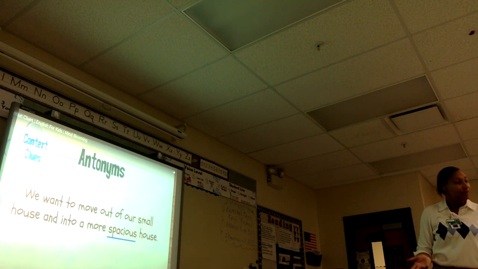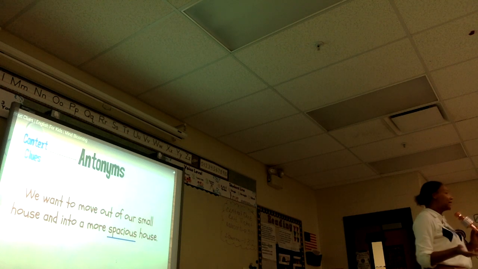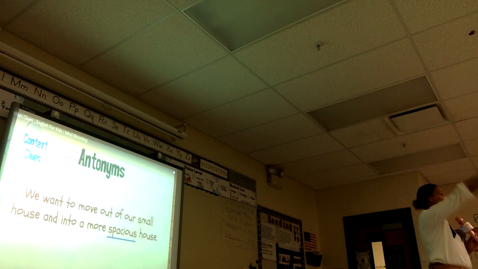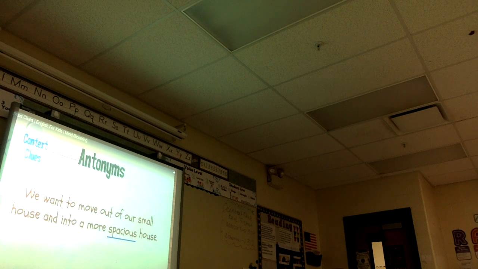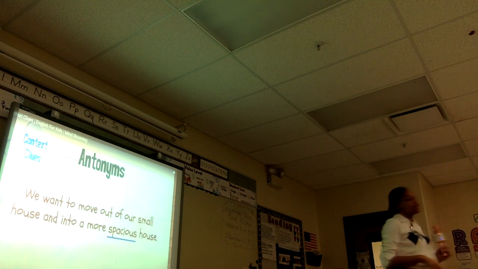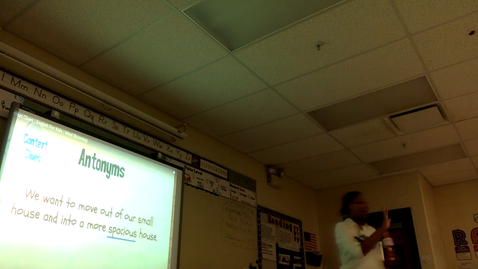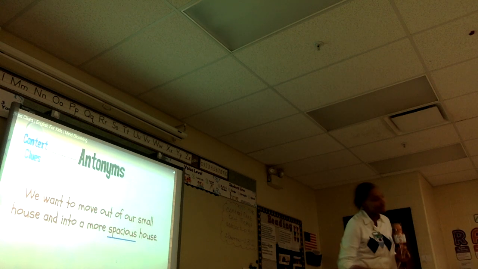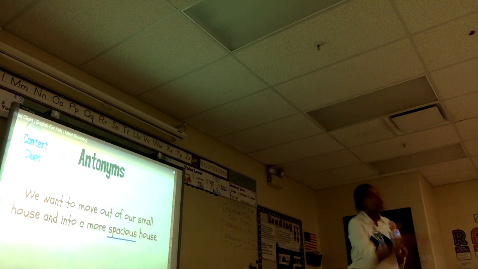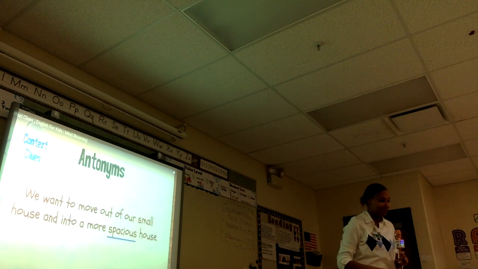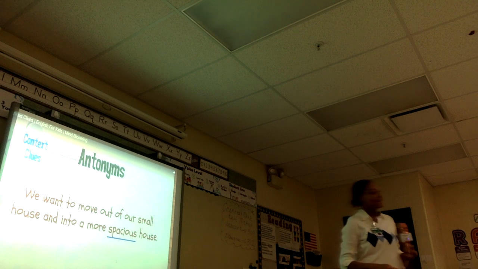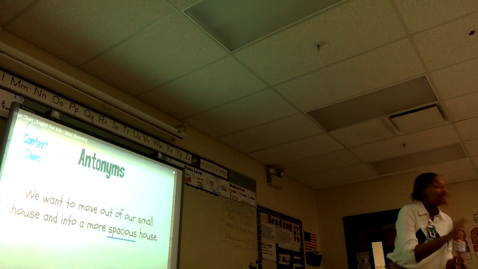Okay. All right. So, class, let me ask you a question. And I see everybody's hand is up. All right. So, Destiny, let me ask you one more time. If you're living in a 5-bedroom, 3-bath, 3-car garage house, okay? And you had to downsize.